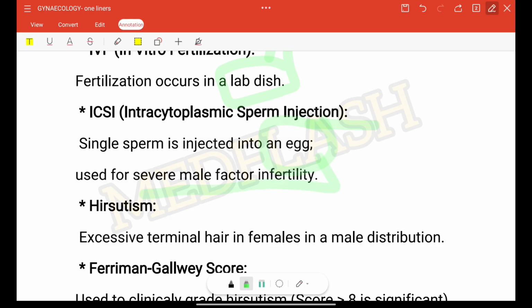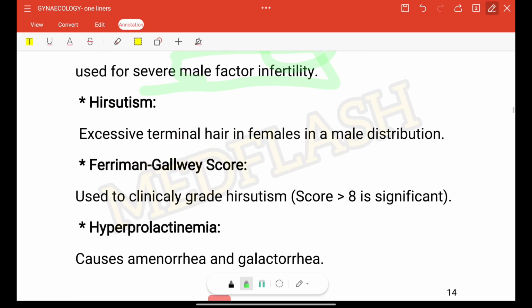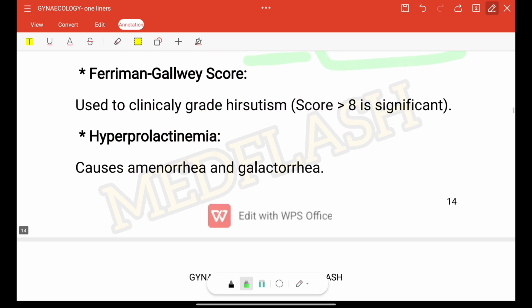Hirsutism: excessive terminal hair in a female in a male distribution. Ferriman-Gallwey score is used to clinically grade hirsutism. Score greater than 8 is significant. Hyperprolactinemia causes amenorrhea and galactorrhea.